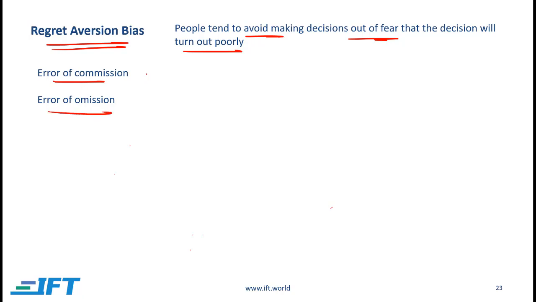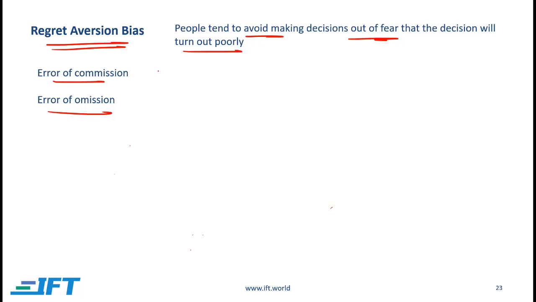An error of commission is where we just take a safe action. So many years ago, for technology managers, there was a phrase that you can't go wrong if you buy from IBM. That's because IBM was the biggest computer manufacturer, the biggest provider of IT equipment. So purchasing from IBM was just the default thing to do.